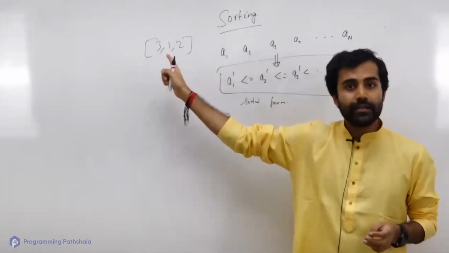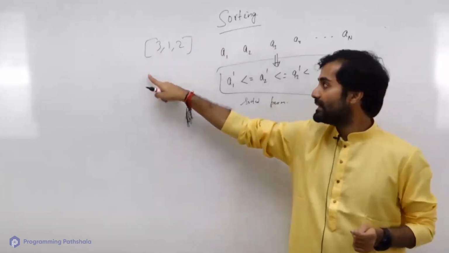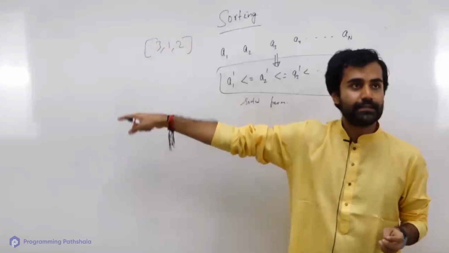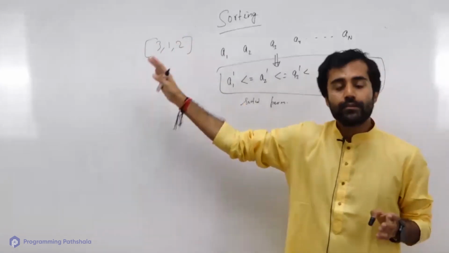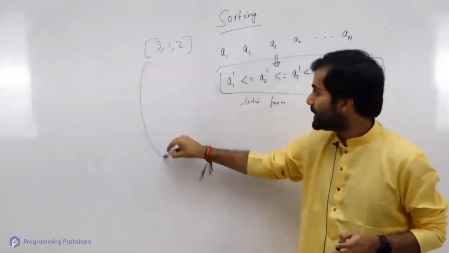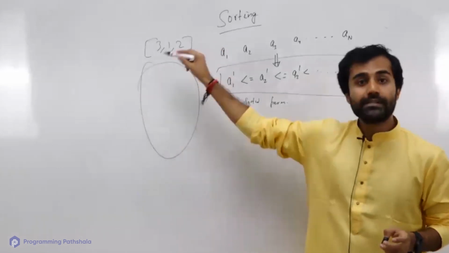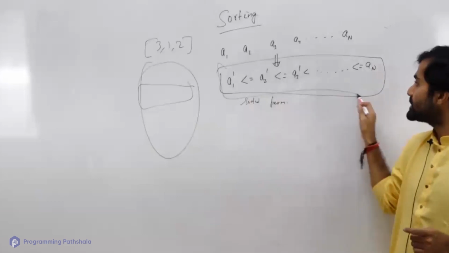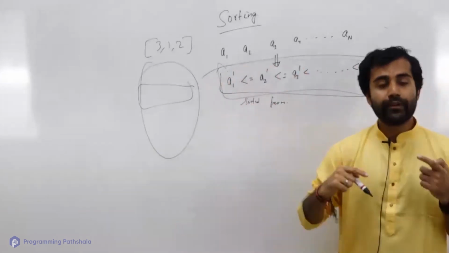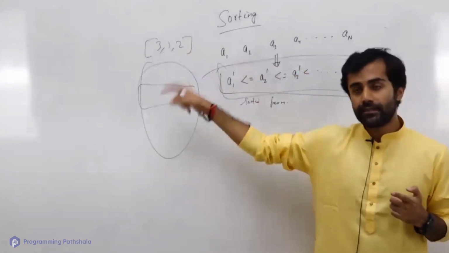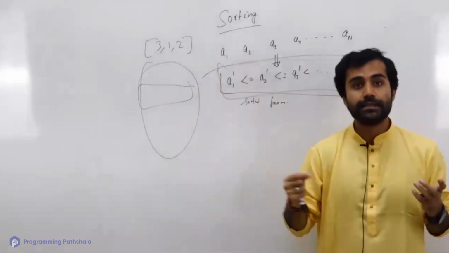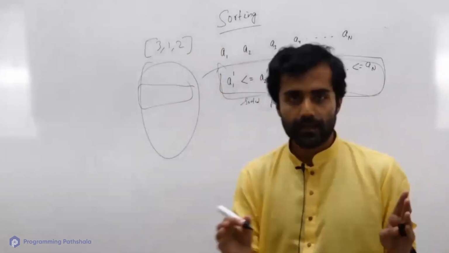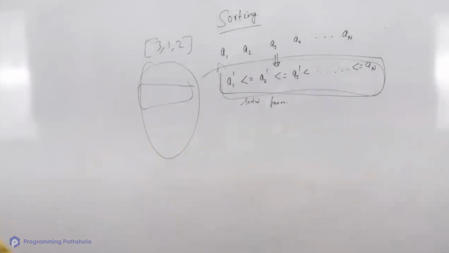N factorial different permutations, right? Because for the first element, there are n choices, for the second element, n minus 1 choices. So you can generate all the permutations, and out of all the permutations you generated, just pick the one which follows this rule. This is the easiest way to solve this question. Does that sound sensible? Yes or no?